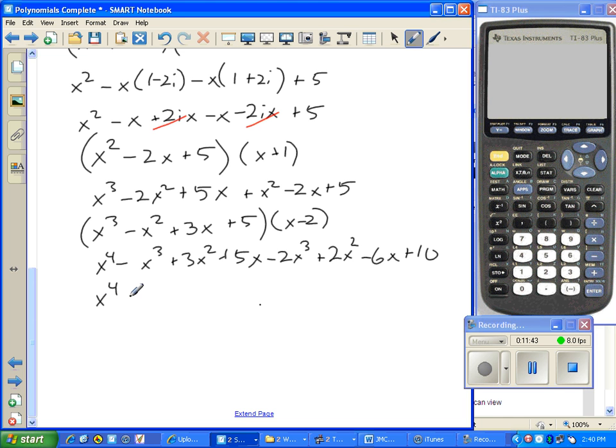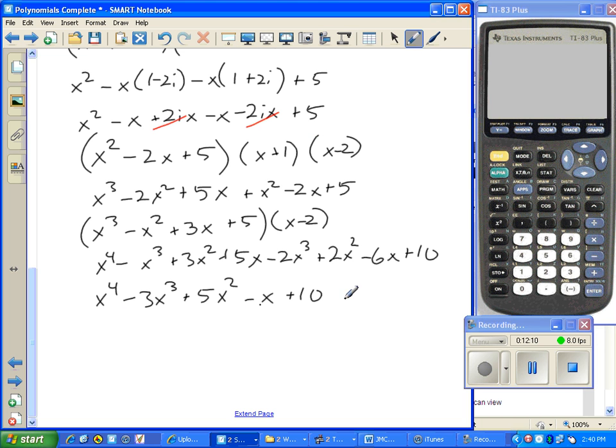So x to the 4th, I have a total of 3x cubed. I have a total of 5x squared, negative x, and plus 10. And if they give you a point, of course, you do your a thing, probably up at this step here with both roots on here.